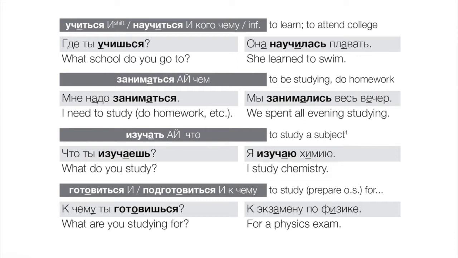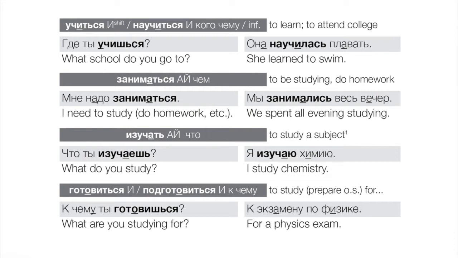And as we know, учиться all by itself, the imperfective, can also mean to simply go to college, to be a student. Где ты учишься, meaning what school do you go to? Where do you study? Or another example, она научилась плавать. She learned to swim. It's perfective, she learned it completely. She learned how to swim, in the infinitive.